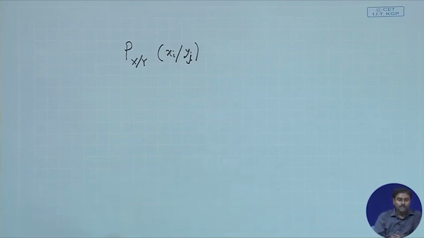That means there are two random experiments going on simultaneously, which have some random outcomes. One is represented by a random variable x, which is already mapped to the real axis, and the other one is represented by the random variable y, which is again mapped to the real axis.